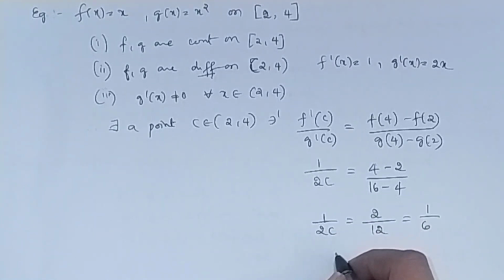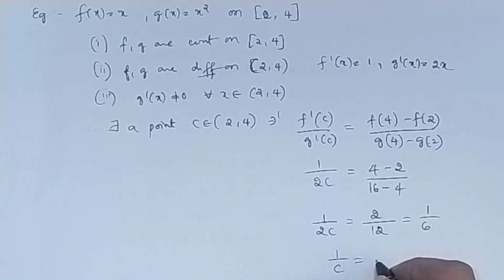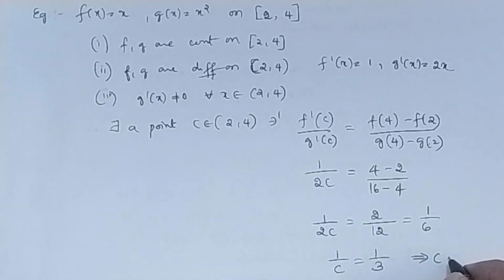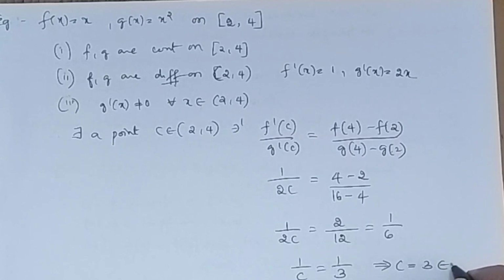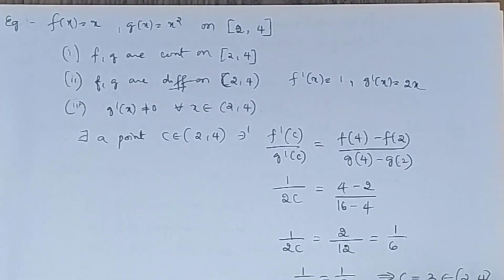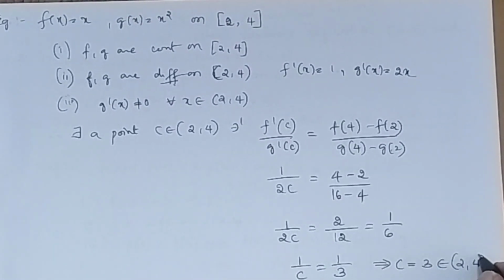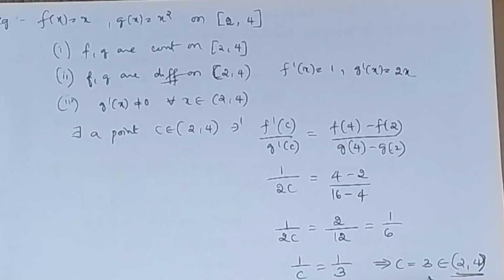Now let us simplify this. 1 by c equal to 2 by 6. It is 1 by 3. So which implies c equal to 3. This belongs to the open interval 2, 4. Therefore, we have found a point c in the open interval 2, 4 using the Cauchy's mean value theorem.